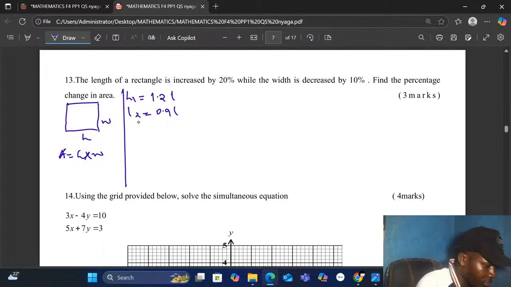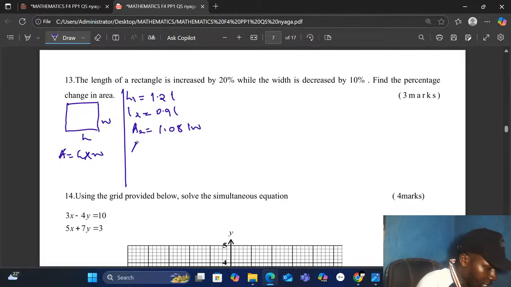So that A2 is equal to 1.08 LW. Now we shall have this as the new area.